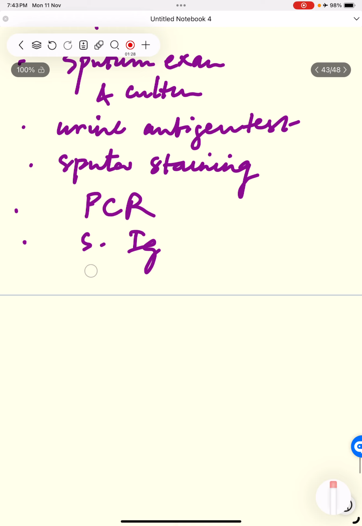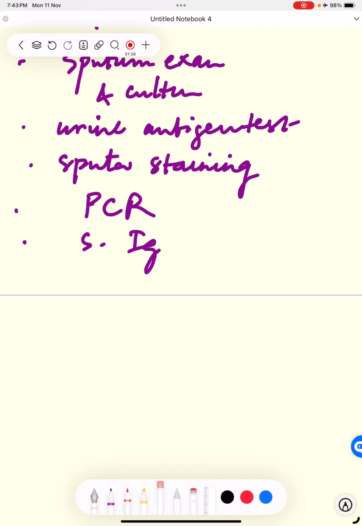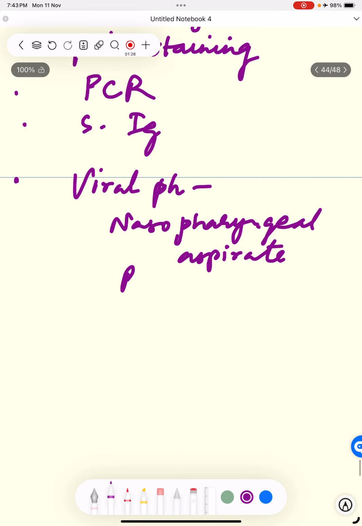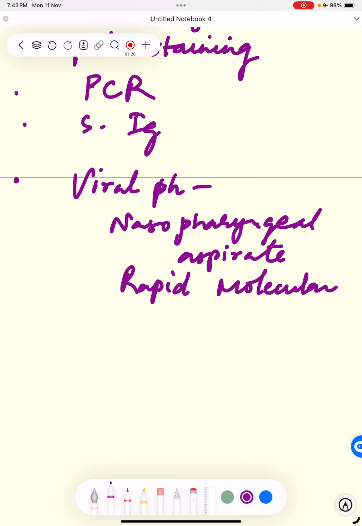In case we are suspecting lobar pneumonia or viral pneumonia, in that case you can go for nasopharyngeal aspirate and rapid molecular test, right?